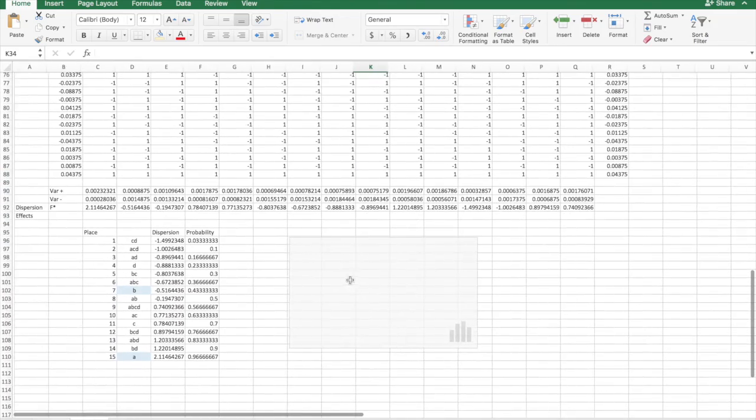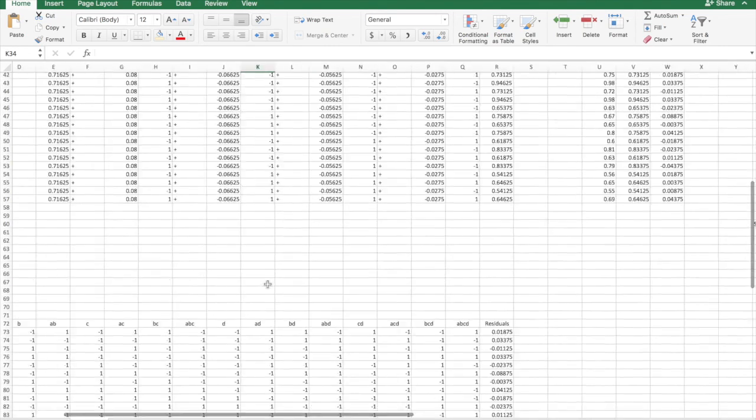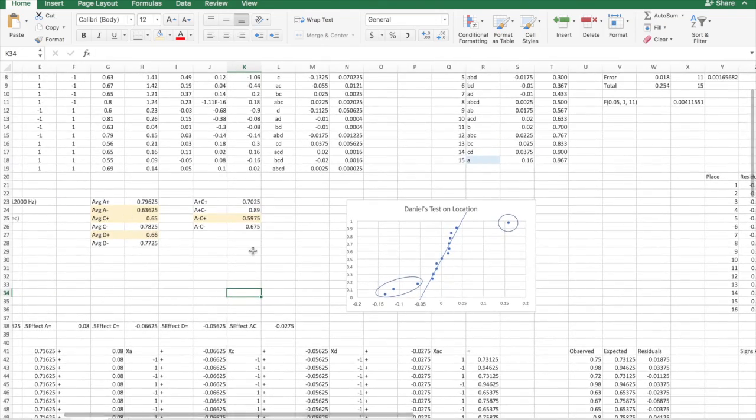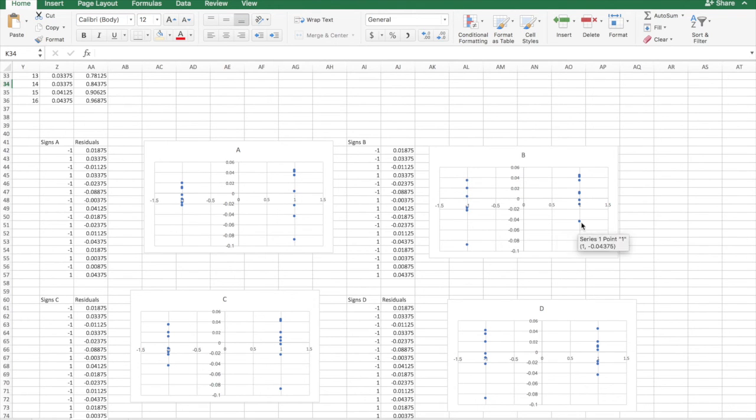In here we obtain that A and B have an effect on dispersion. B, since it doesn't appear in here, we go to the graphs of dispersion and we'd say, well, B plus has the lowest dispersion, so we select B at its high level.